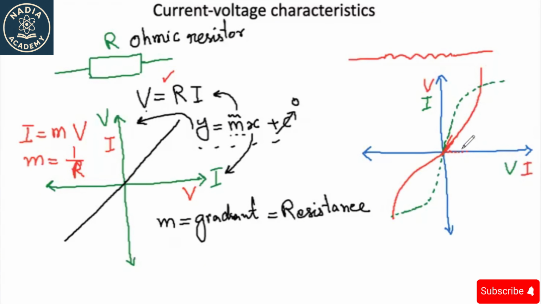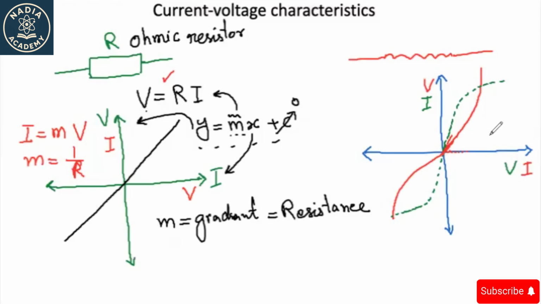Non-linear behavior means that we are trying to increase the current, but the current is not increasing as much, only the voltage is increasing. This means the correlation is not a direct correlation. The voltage is increasing more compared to the increase in the current. Now you can understand that it means the current is being suppressed.